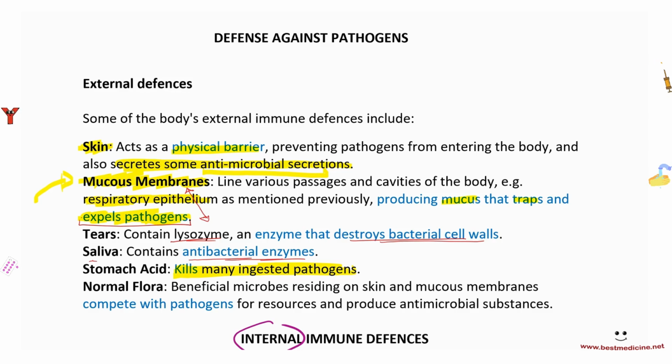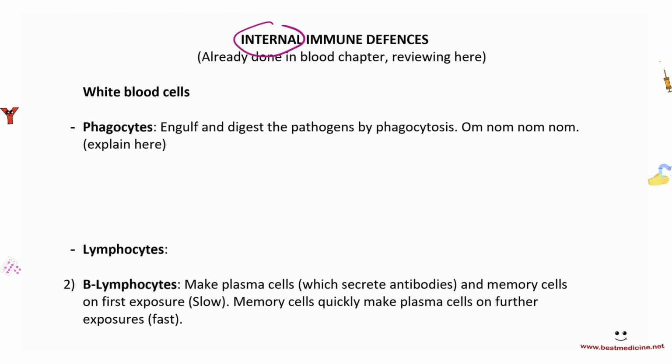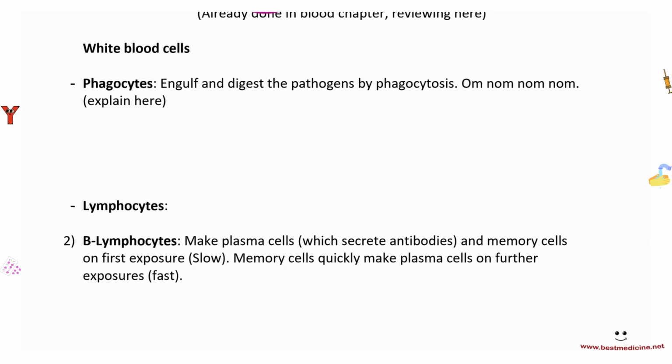But once a pathogen makes it inside your body, then internal immune defenses would have to come into effect. We've already done this, so I'm just going to mention their names, but you can refer to the cardiovascular system chapter in which we discuss white blood cells to have a deeper look at this. So internal immune defenses would include white blood cells, leukocytes, of which there are phagocytes, which will engulf and digest the pathogens, and then lymphocytes.